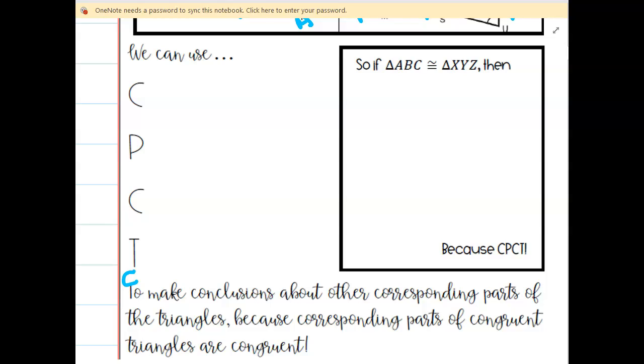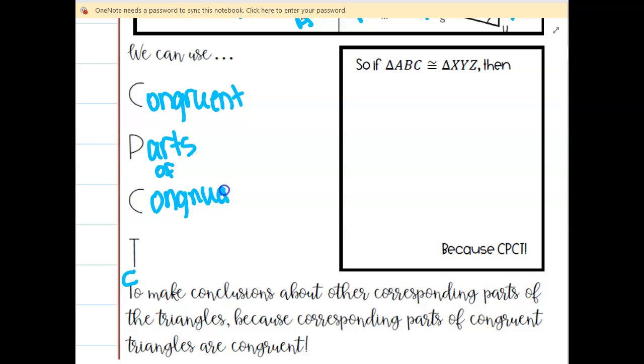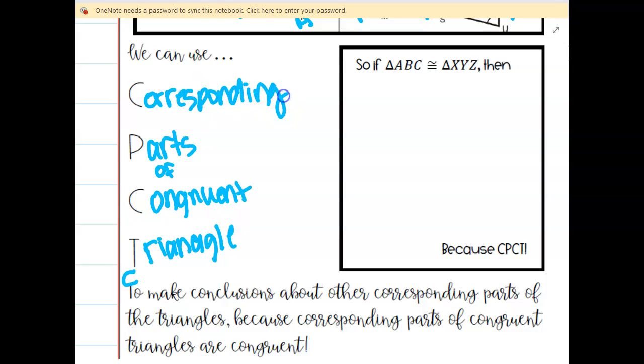What CPCTC stands for is congruent parts of congruent triangles. Oh, I messed it up. Hold on. First year teaching. Corresponding. I knew that wasn't flowing right. Sorry. Corresponding parts.